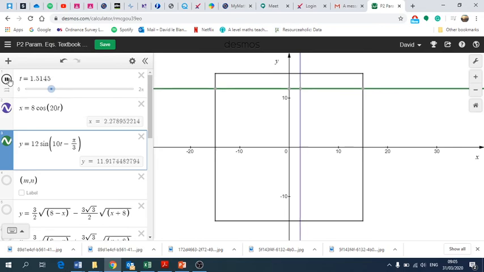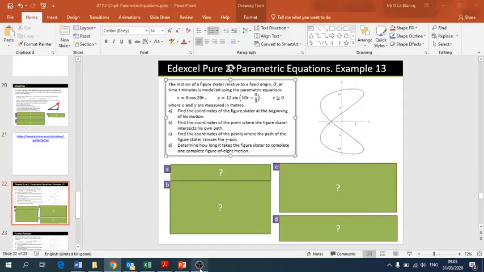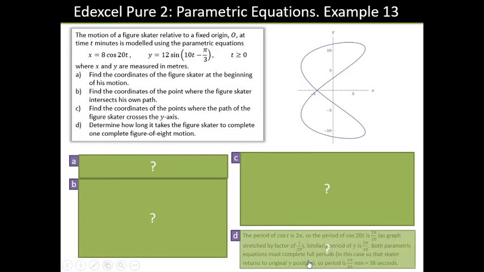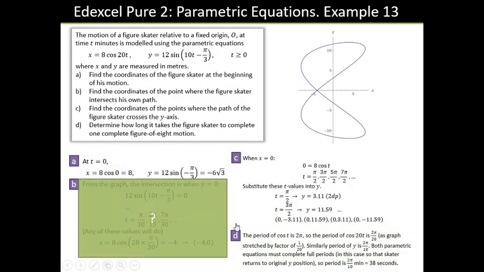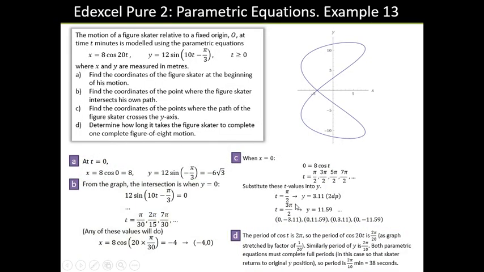So, working through that, what we get is, and let me read this out again to re-emphasize, as the period of the cos t is 2 pi, the period of the cos 20t is going to be that 2 pi over 20, stretched by a factor of the 20th.